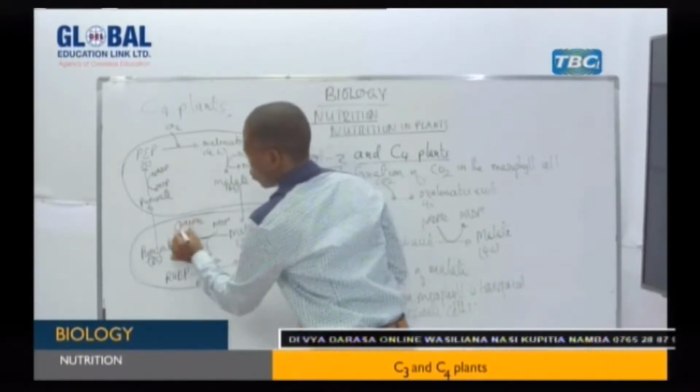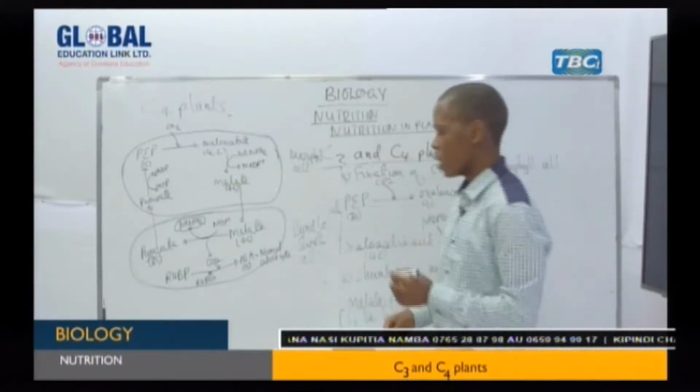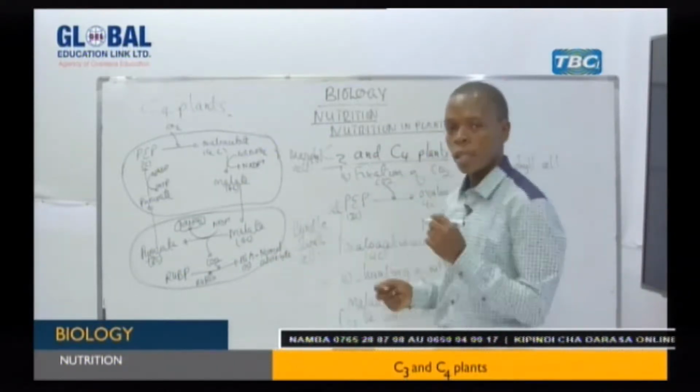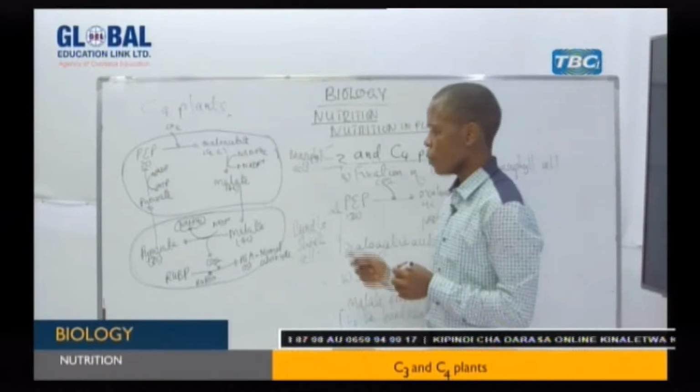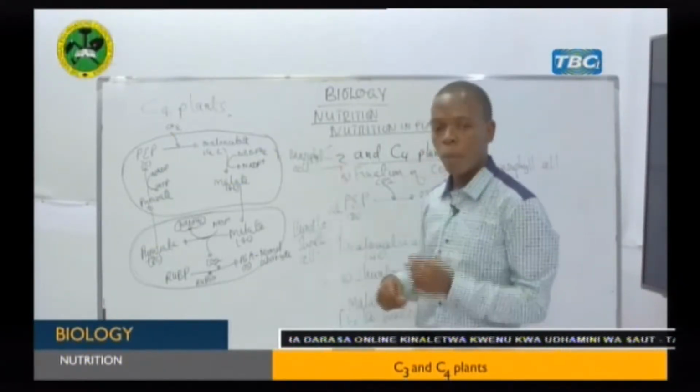This NADPH2 is used in this normal Calvin cycle in the reduction stage. Okay, this is Hatch-Slack pathway which occur in C4 plant.